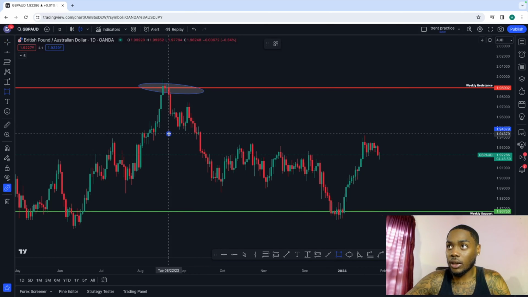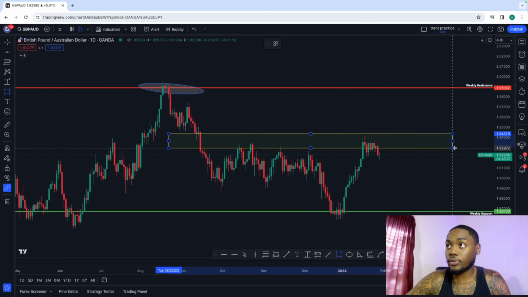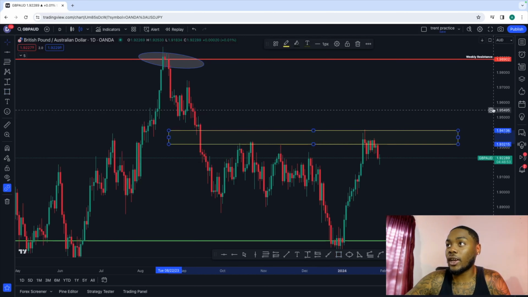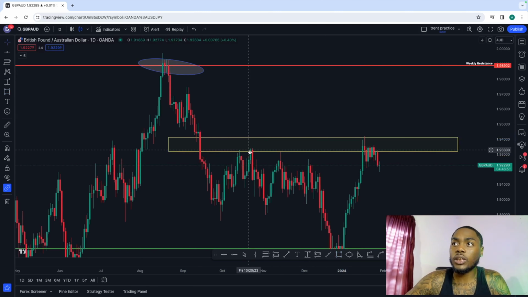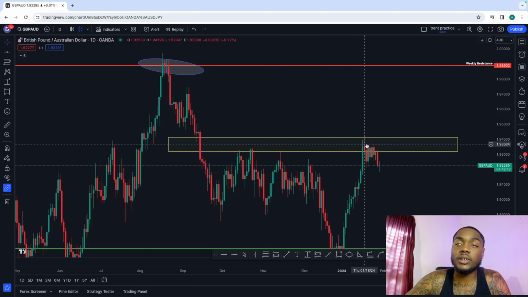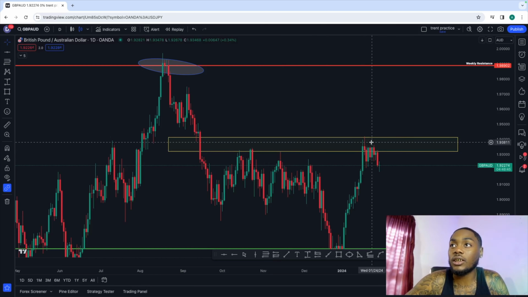If I'm looking in this area, I see that there's a potential wall being made. We have a couple of touches here, and price also comes back up into this area and starts to hesitate again.